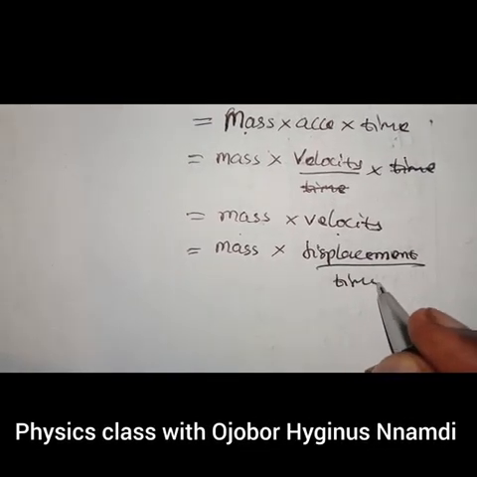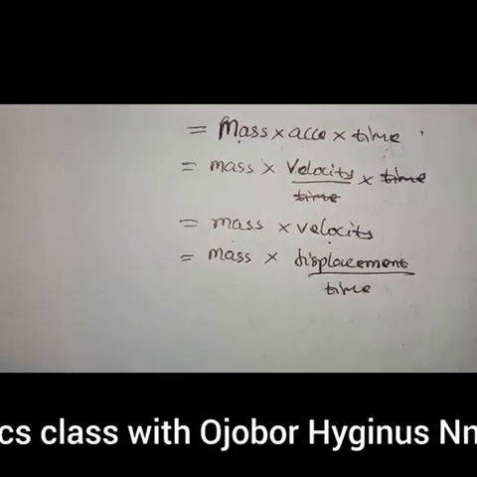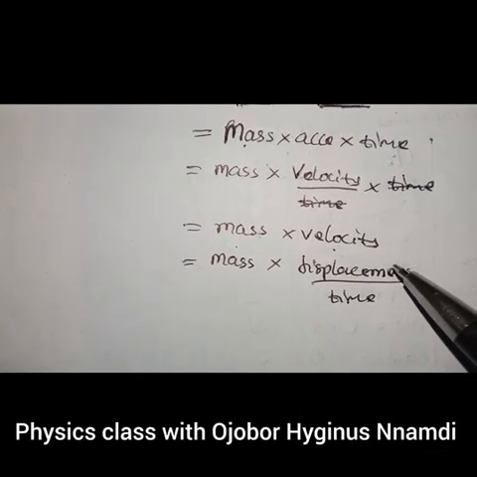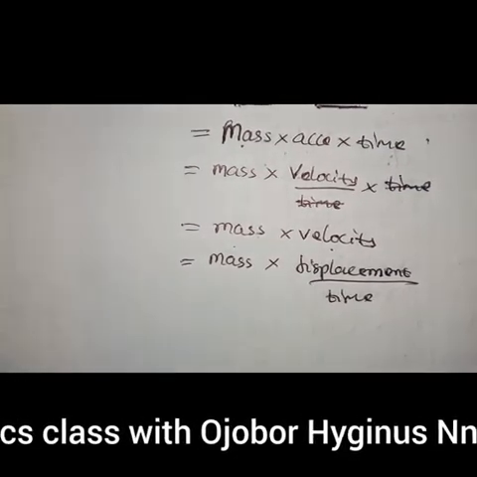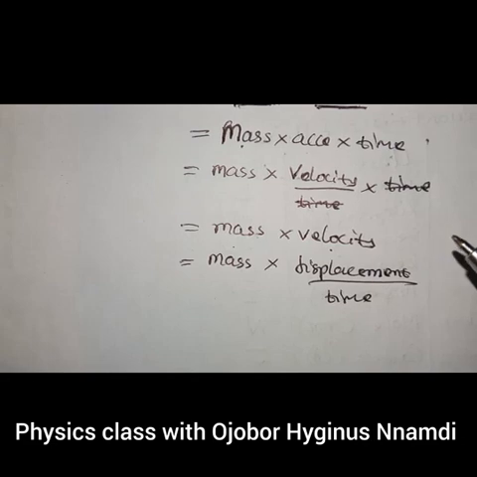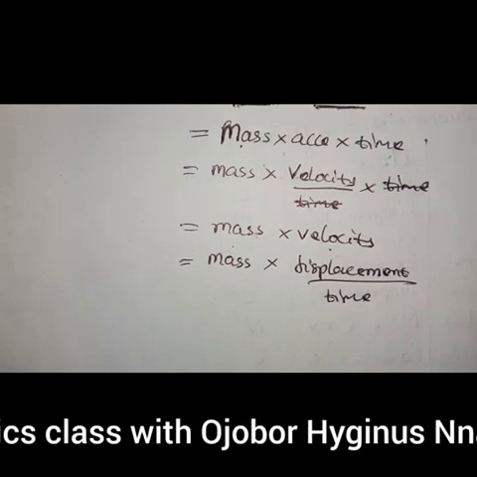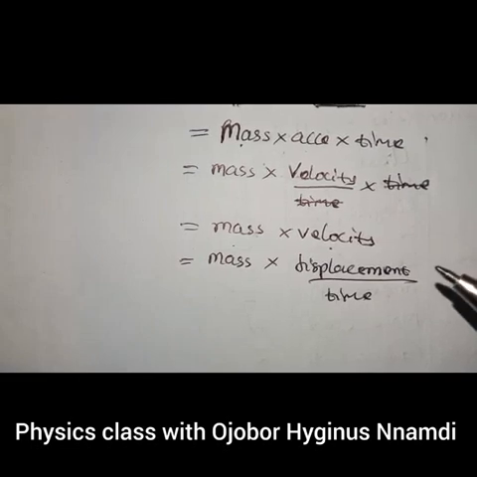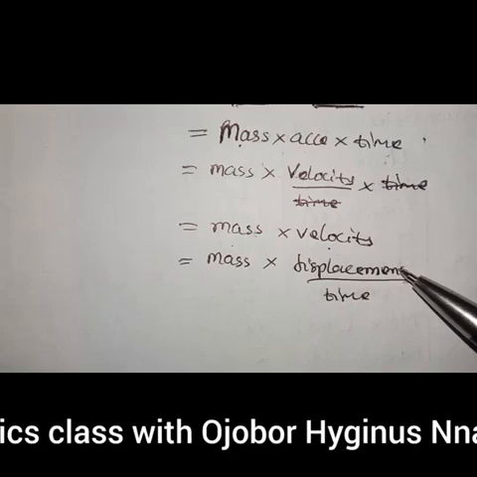Some of these quantities will have similar ones, because something like displacement, you might say it is not in the fundamental quantity, but length can actually be called displacement, it can be called distance, height, breadth, or width, depending on where you are using it. So here it is displacement, this is also length.